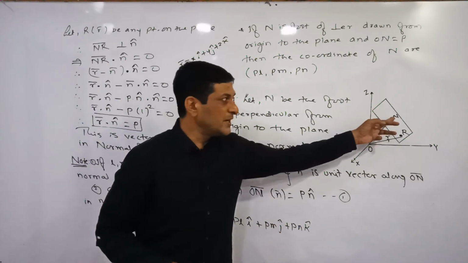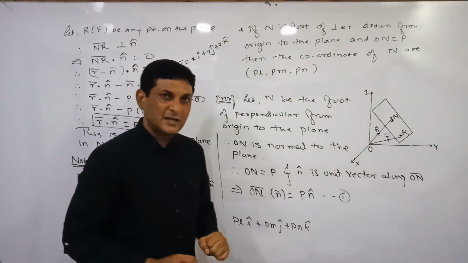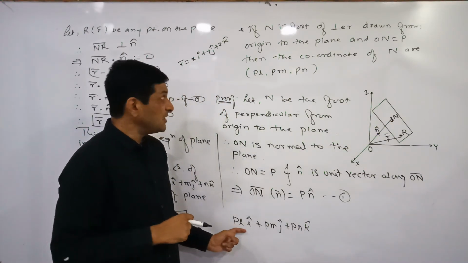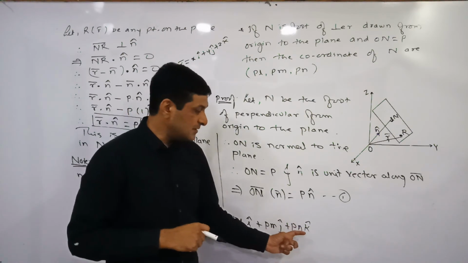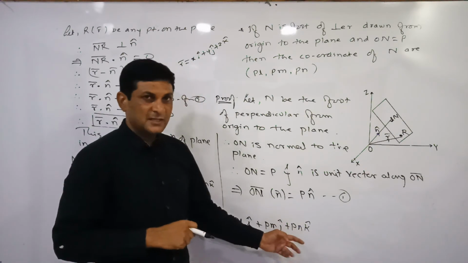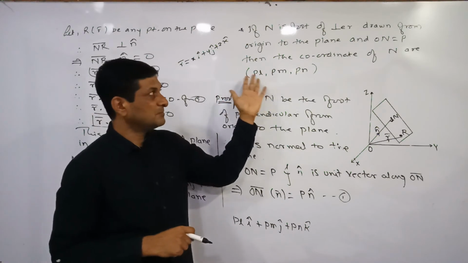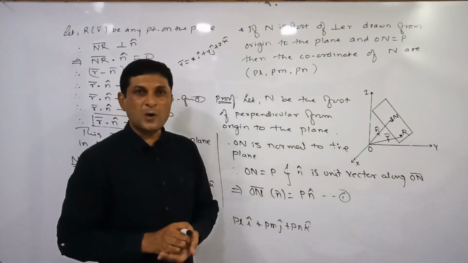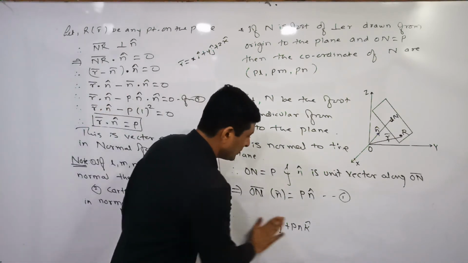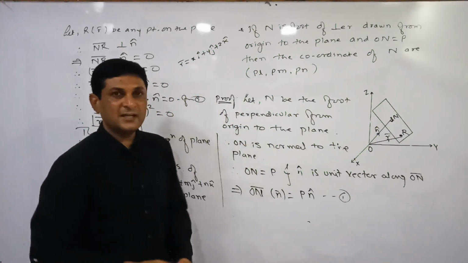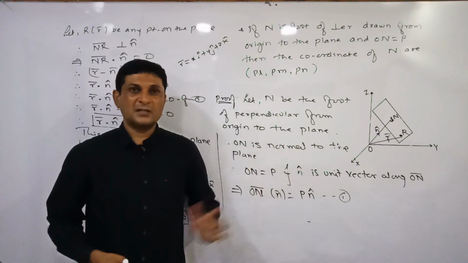In this case, that point is the foot of perpendicular. So the x coordinate is pl, the y coordinate is pm, and the z coordinate is pn. In this way we have got the coordinates of the foot of perpendicular. Okay, so these are all important results which we get from this theorem.